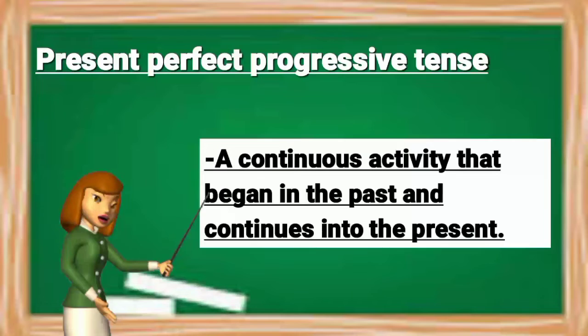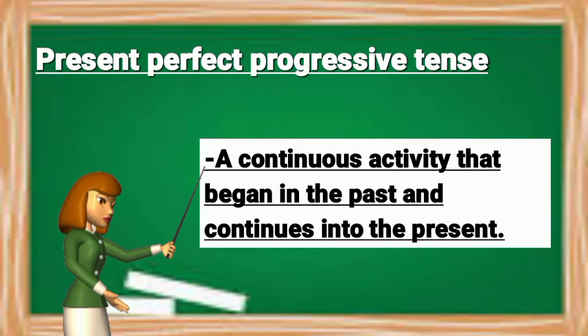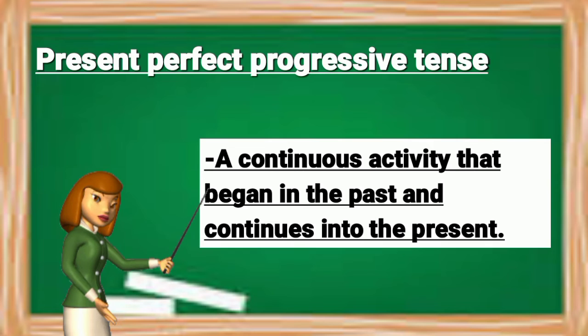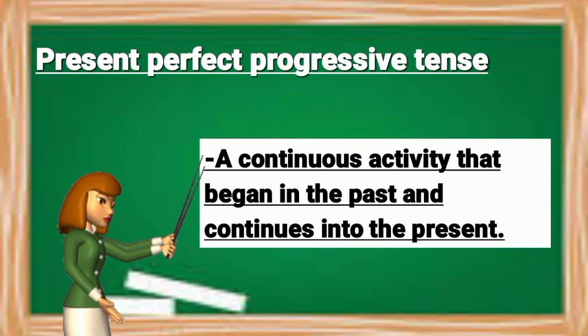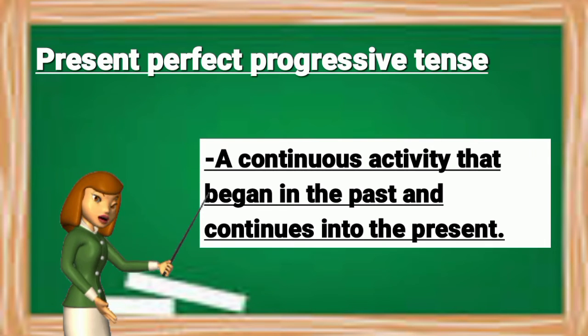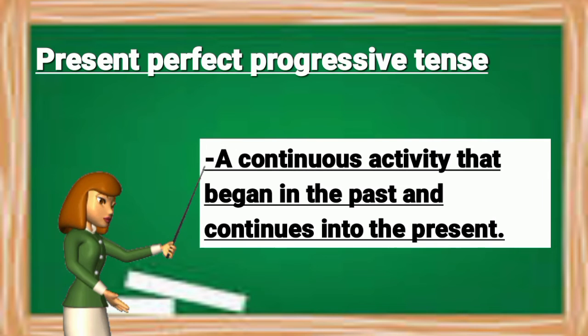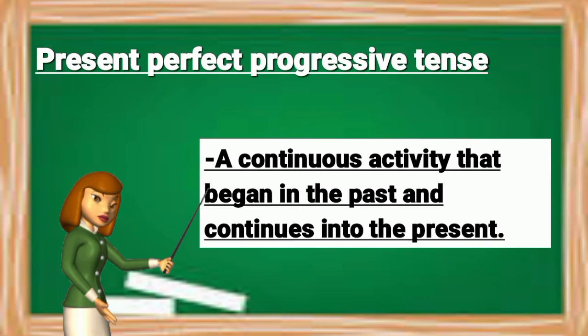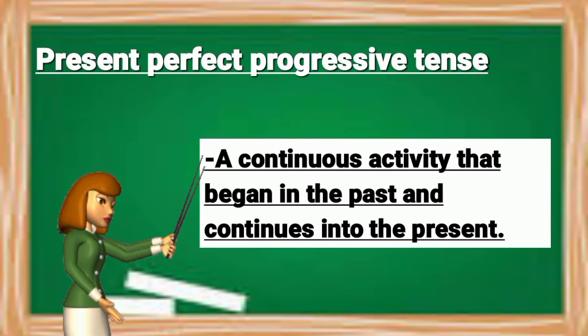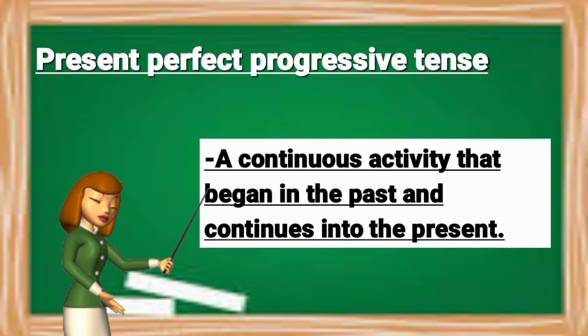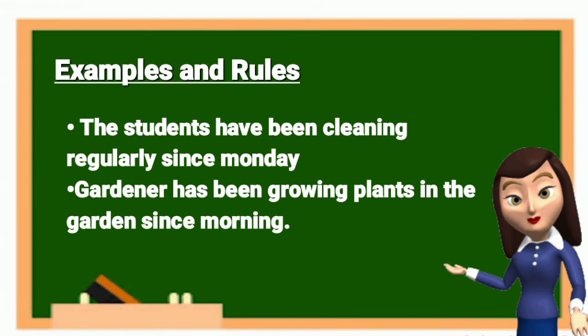And next, the present perfect progressive tense: a continuous activity that began in the past and continues into the present. So it means it's already begun but mo continue pa siya into the present. So for us to understand what the present perfect progressive tense is, here are the examples.